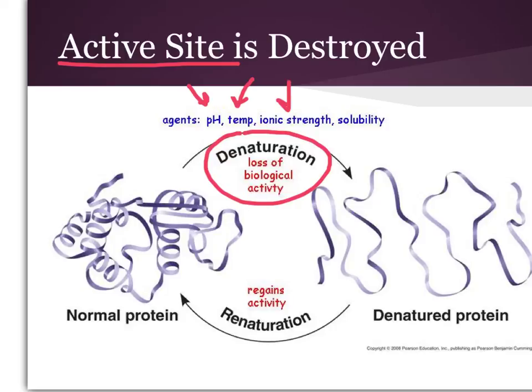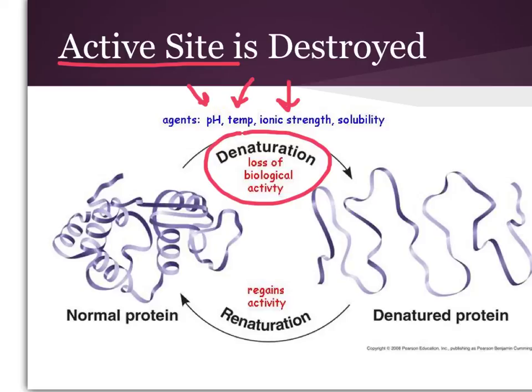If the ionic strength is too much, for example, if we add salt to a solution full of enzyme, the ions from the salt can interact with the amino acid side groups and change the folding pattern and destroy the active site. And those are all sorts of things that can denature a protein.